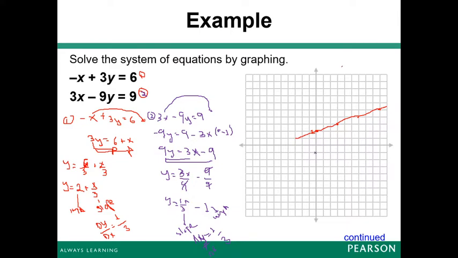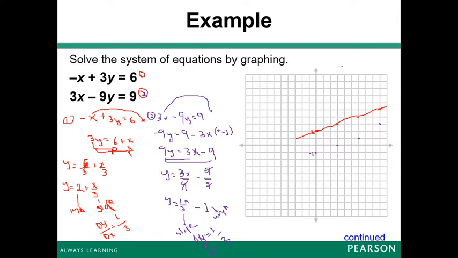Put minus 1 on the y-axis. Very good. Now we have to move 1 in y to move 3 in x. 1 in y, 3 in x. Very good. 1, 1, 2, 3.